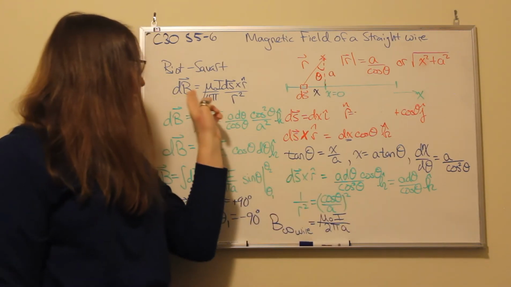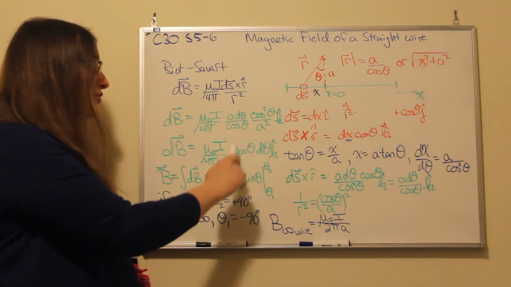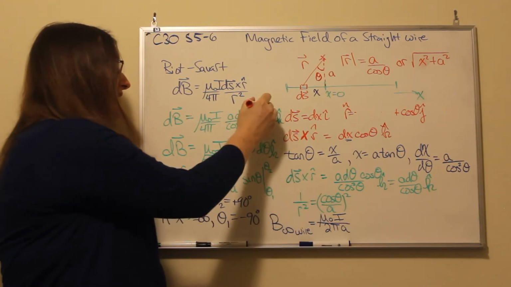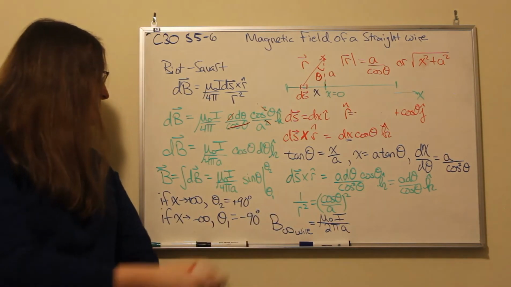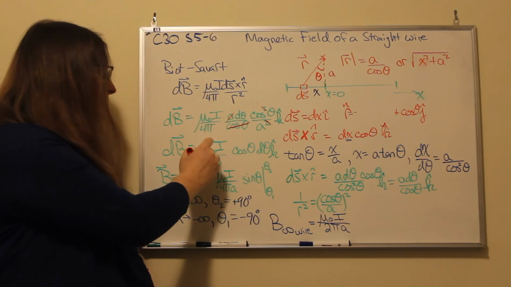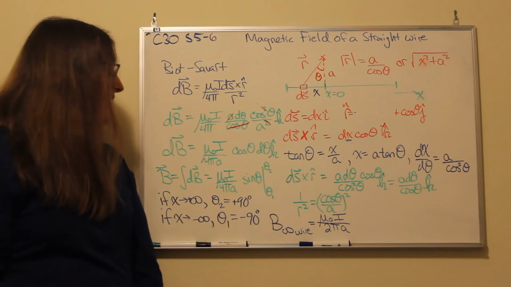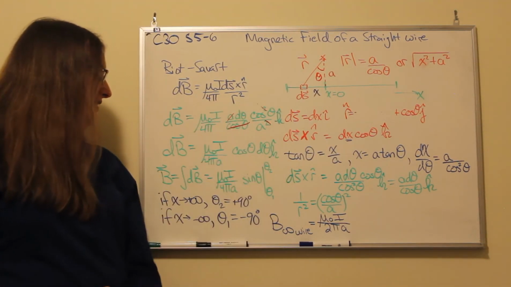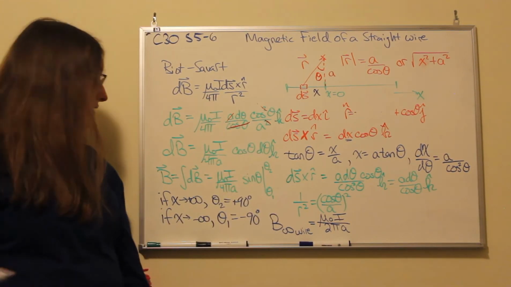So if I plug those pieces into the Biot-Savart law, well, a d theta over cosine theta times cosine squared theta over a squared, I cancel a cosine, I cancel an a, so that means that my integrand that I have to process, dB, is going to be mu naught times my current divided by 4 pi a, the distance away from the wire, times the cosine of theta d theta in the k hat direction, which isn't a bad integral to process at all.